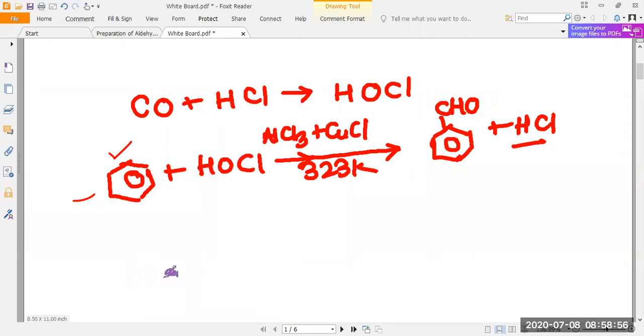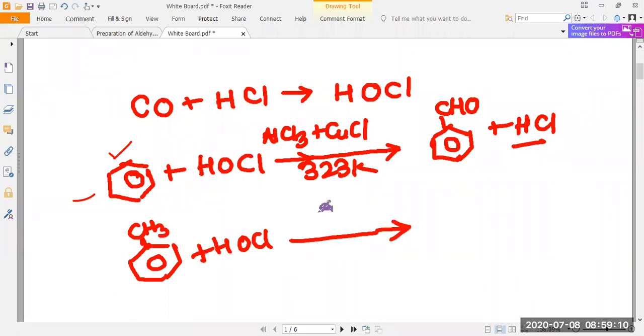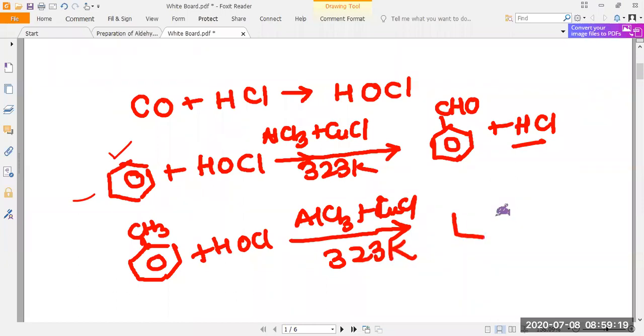This is toluene plus HOCl, AlCl3 plus CuCl, and the temperature is 323 Kelvin, then the product will be tolualdehyde, plus HCl.